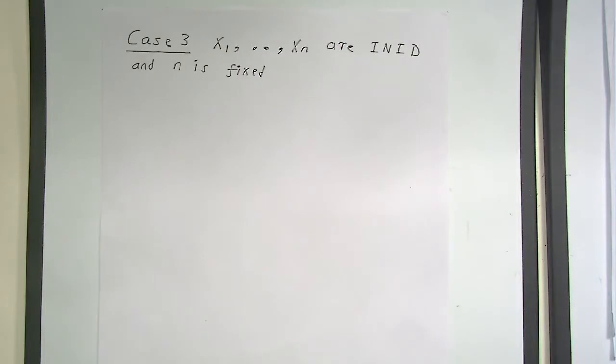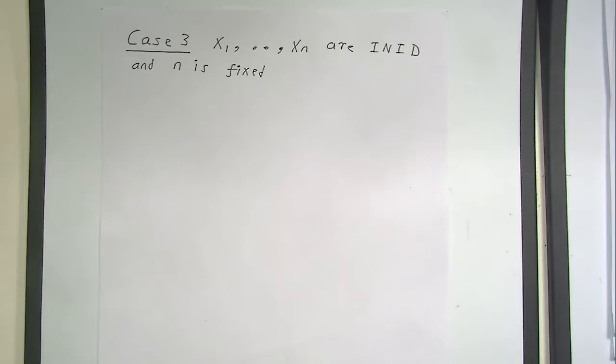Case 3, remember, is where the losses x1 to xn are independent but not identically distributed, and n, the number of investments, is fixed, right? So in this case, I'm going to derive the distributions for S, U, and V.